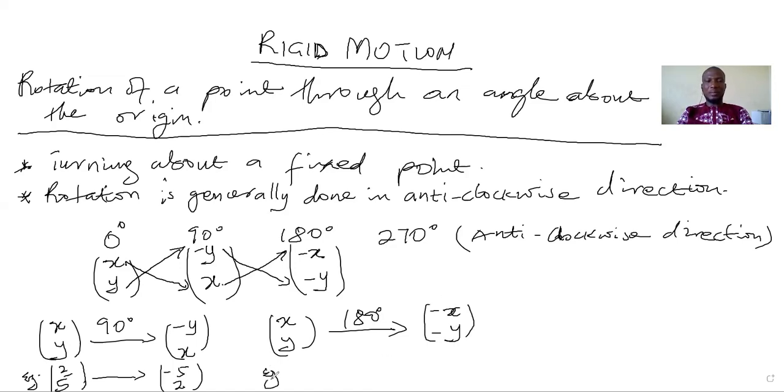With the same example again, let's say (2, 5) through 180 degrees will give us (negative 2, negative 5).